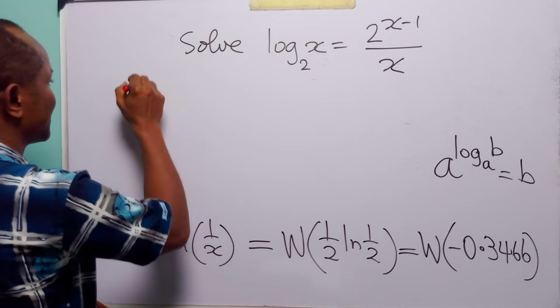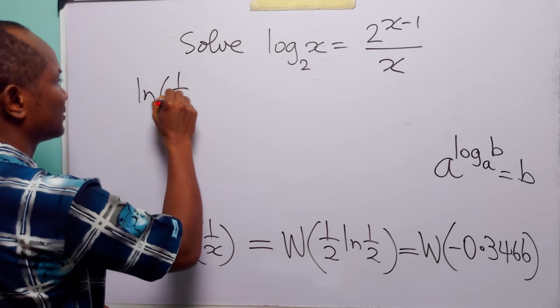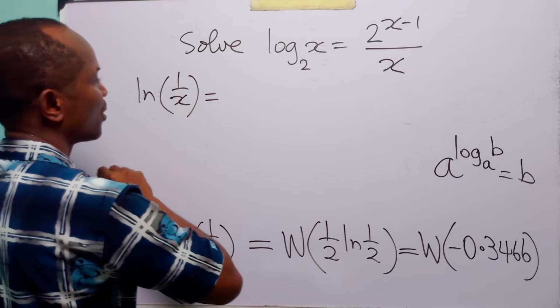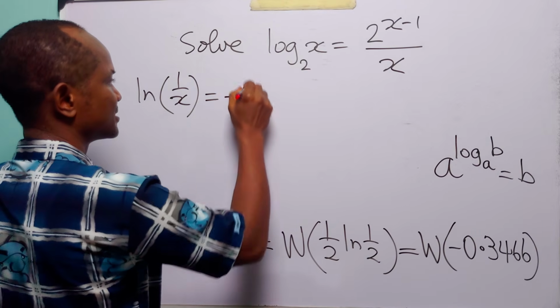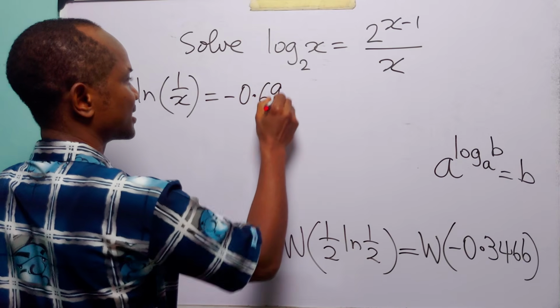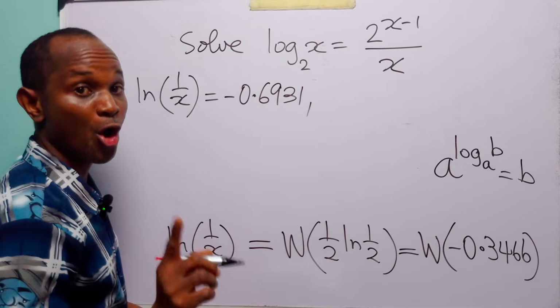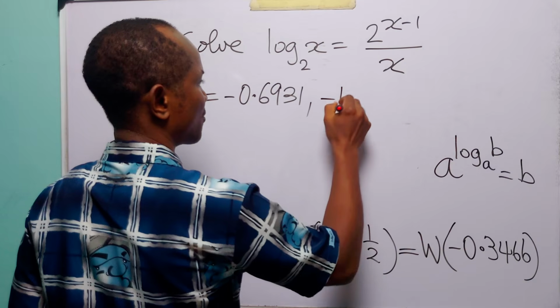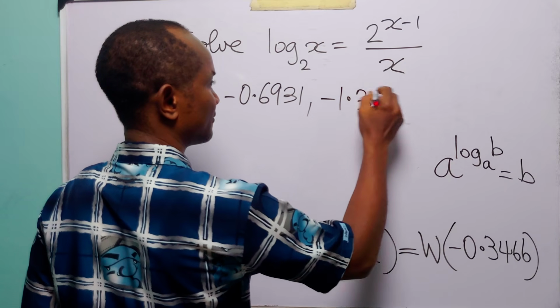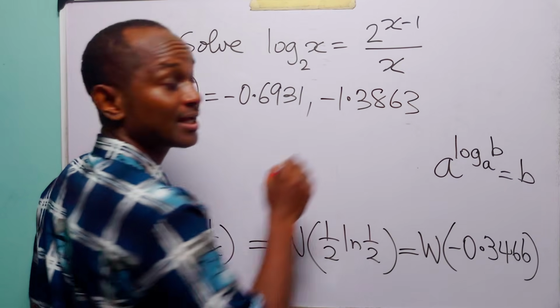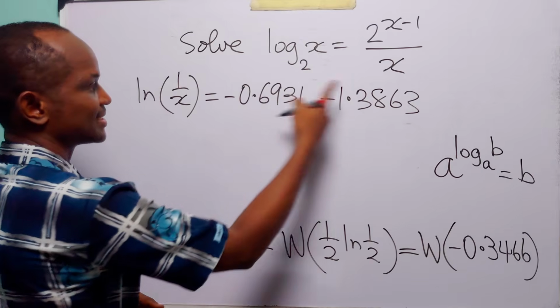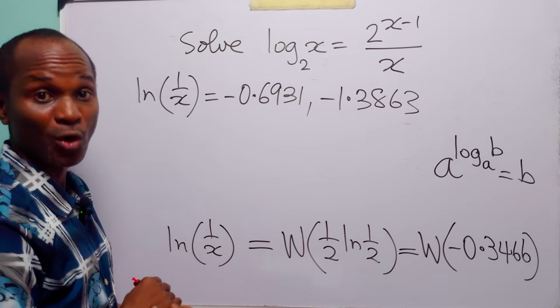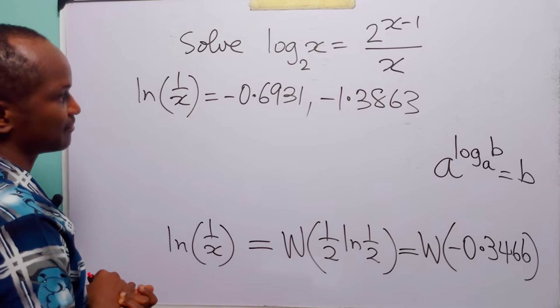So we have that ln 1 over x is equal to minus 0.6931 or minus 1.3863. Also, these are approximately given to 4 decimal places.